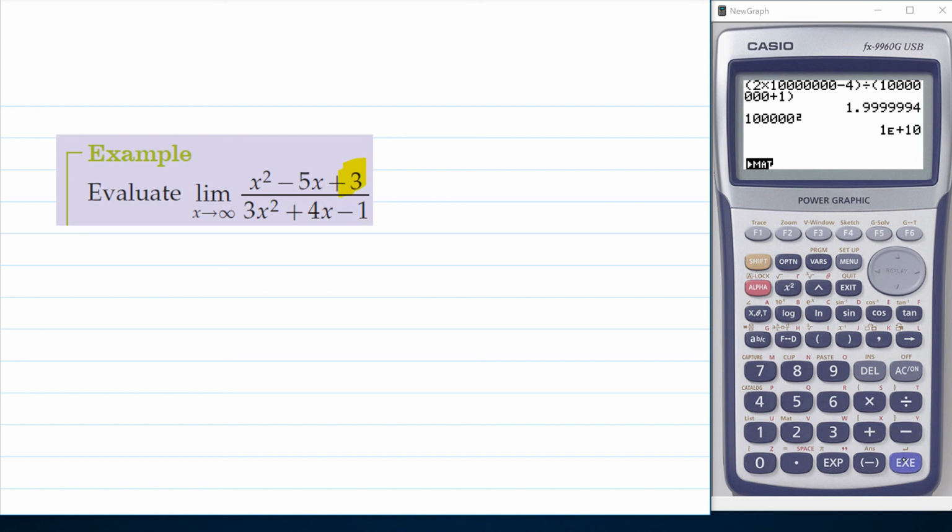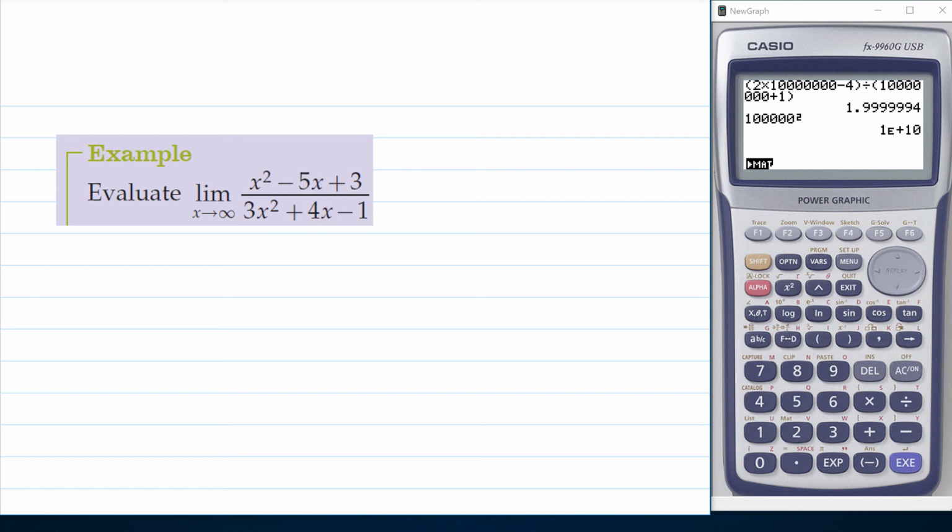So as we go into really big numbers, this plus 3 and this minus 1 really become very insignificant. And when you square a number, that gets big much more quickly than a non-squared number. And so in effect what that means is that also the 5x and the 4x become relatively insignificant as well.